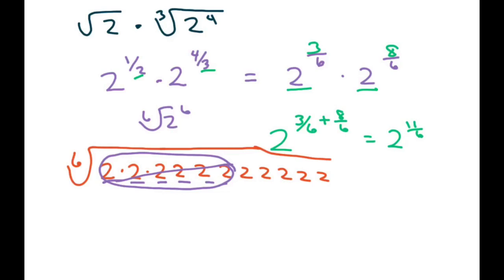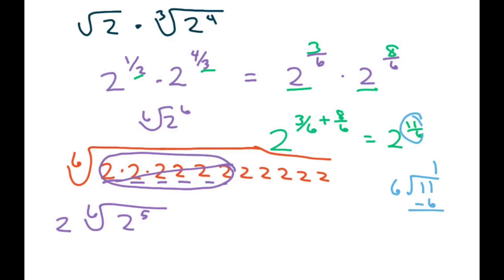So I can take these out, and I'm left with 5 inside. Okay, so a simpler way of doing that is you're going to divide this. So 6 goes into 11 one time, and you're left with your remainder of 5. So the remainder of 5 stays in, but I can bring one of the 2s out like I did here.